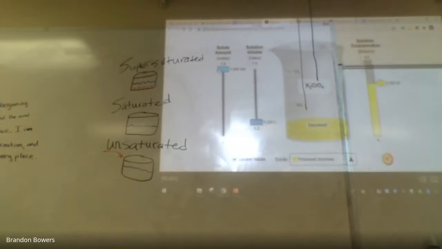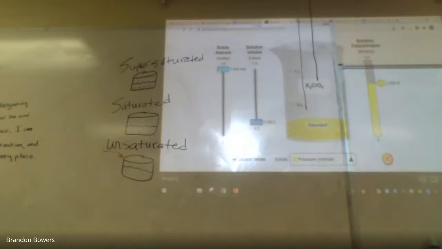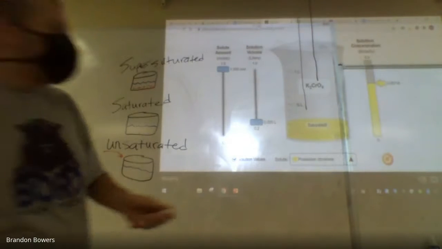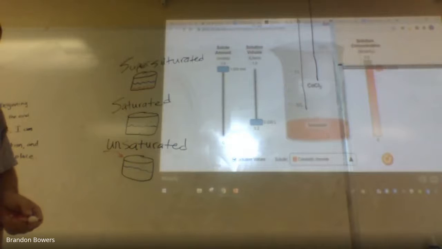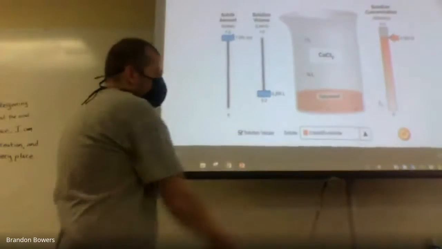What I like to do is imagine just one dot. When you see one dot, you know that is saturated. On this activity, can you guys see that all right? I'm going to pick a different color. Can you see all those dots at the bottom?